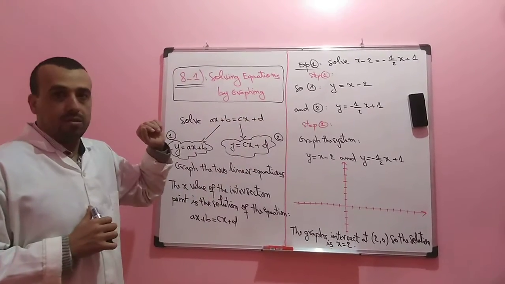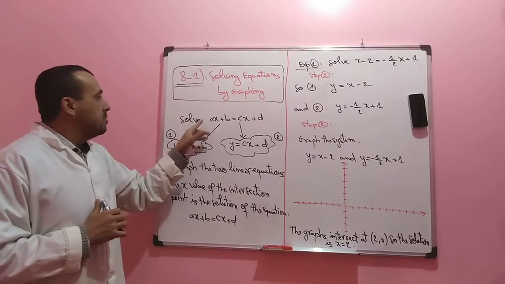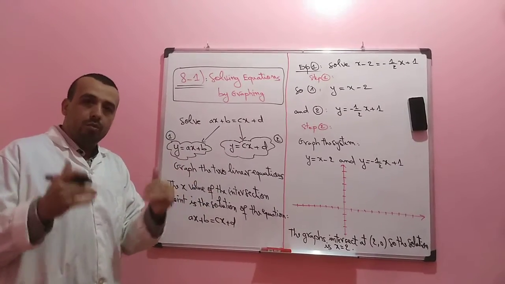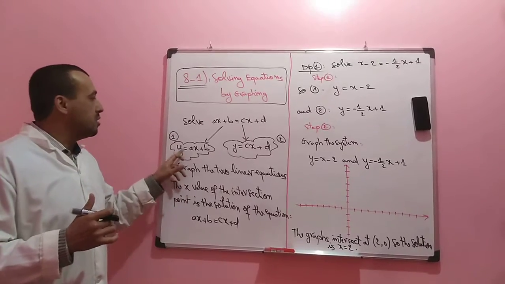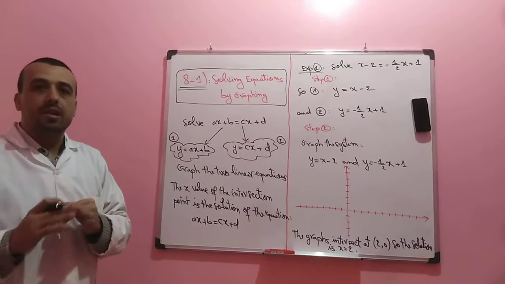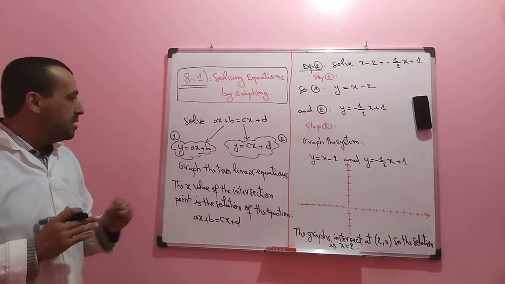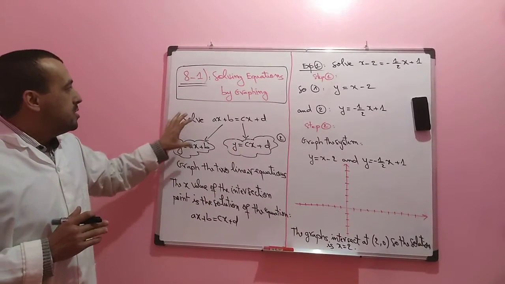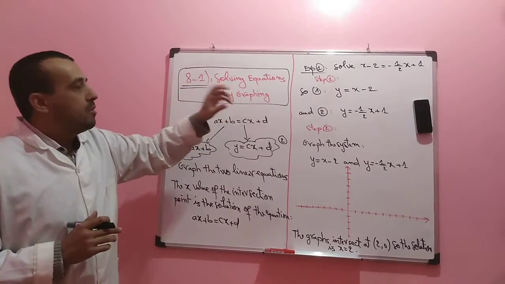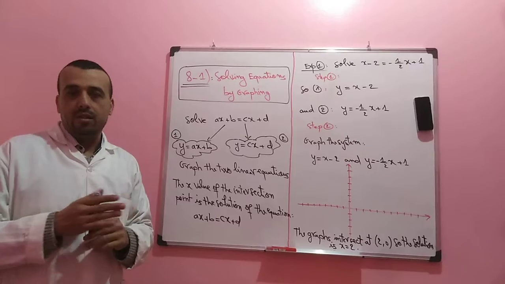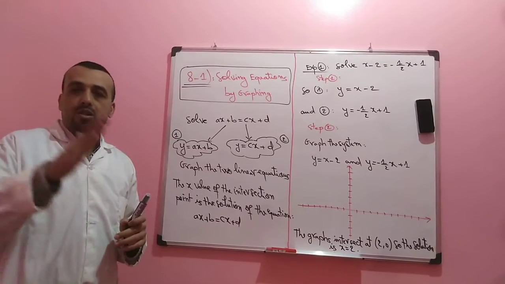that represents this equation. This equation can be divided into sub-equations. The first one is y equals ax plus b, and the second is y equals cx plus d. Using the title, solving an equation by graphing means we use the coordinate system xy and plot two equations there.